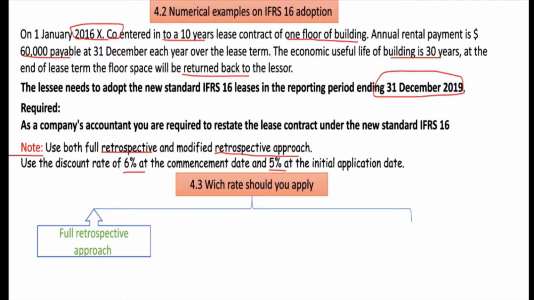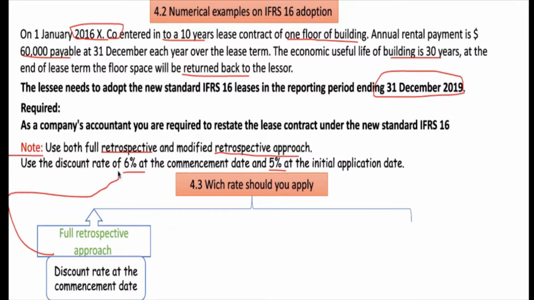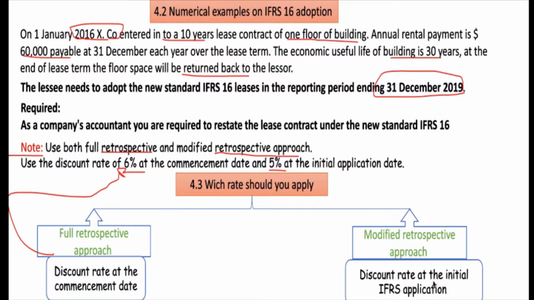If we apply the full retrospective approach, we use the discount rate at the commencement date, which is 6%. If we use the modified retrospective approach, we have to use the discount rate given at the initial IFRS application, which is 5%.